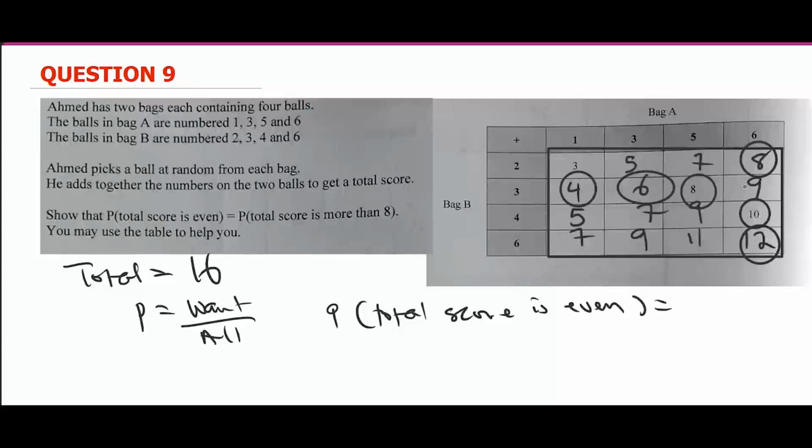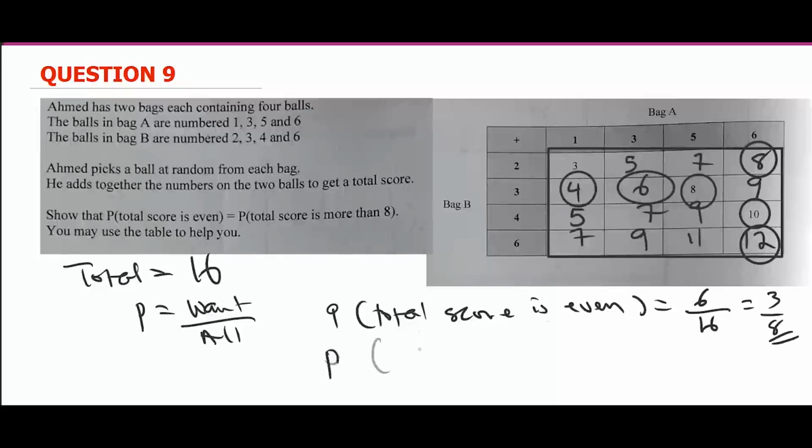So we have 6 of them to be even numbers. So that means our want is 6, and the total is 16 here. So you can reduce this. 2 goes in 6, that's 3. 2 goes in 16, you have 8. So you have 3 out of 8.